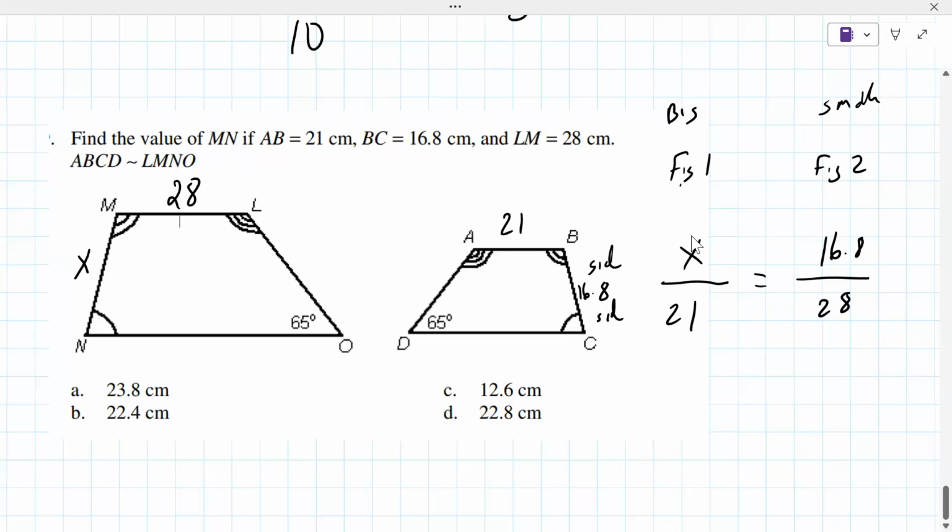But if x is from figure one, the 21 has to also be from figure one, the bigger one. So these are now reversed. And then I'm still cross multiplying. You still cross multiply, so you might need a calculator here. That's fine. Setting it up is so important because you might actually get one of the answers and think you've done it correctly.